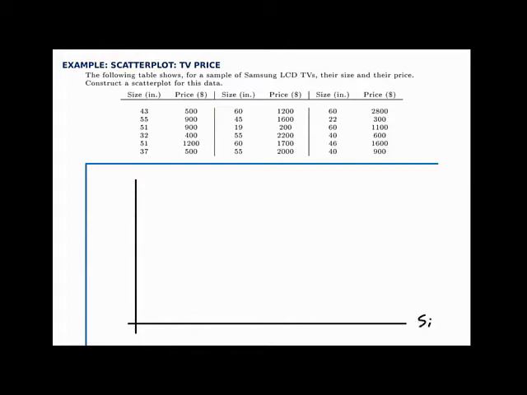So let's say our x-axis represents size and our y-axis represents price. Again, we'll try to be consistent with these where the first column is x, the second column is y, but it turns out that if you switch the order, it doesn't change too much, at least at this point. So now we need to put a scale on each axis. So the sizes go up to about 60 inches. So let's make sure we include at least up to 60.